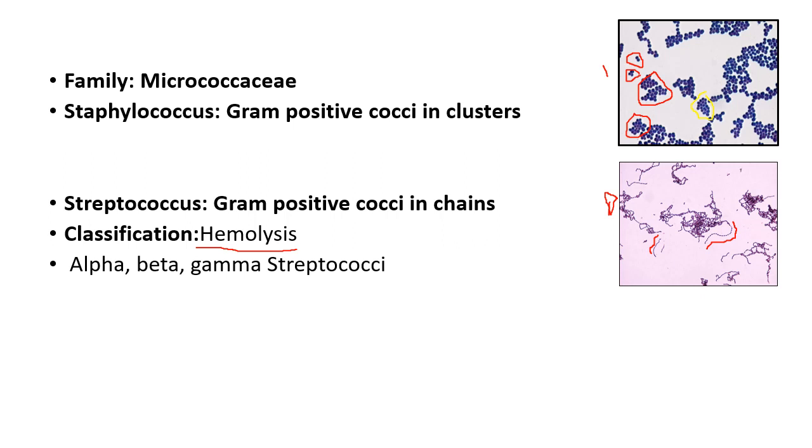Which medium are we talking about? Blood agar, because blood agar has RBCs, and those RBCs can be lysed by some species of bacteria. On lysing of the RBC one can see alpha hemolysis or beta hemolysis or no hemolysis, and that no hemolysis is called gamma hemolysis.